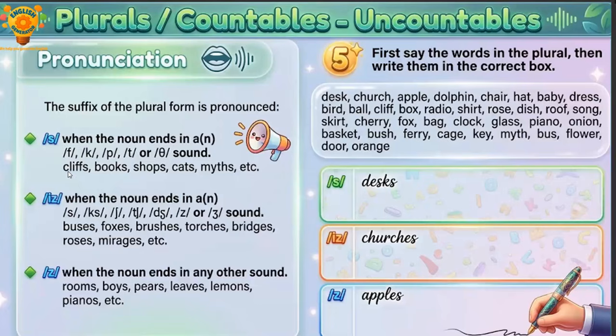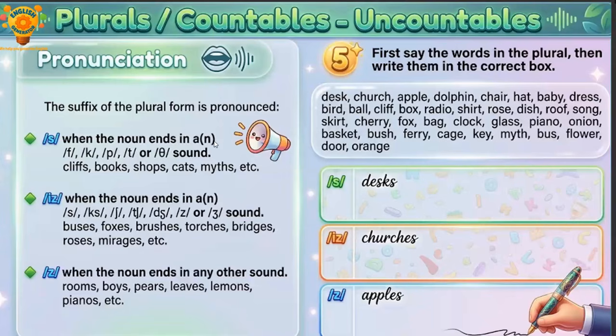So that word would be cliffs, and that one would be books, and that one would be shops, cats, myth. When we have a word that ends in th and there is a plural s at the end of it, we don't say messes.